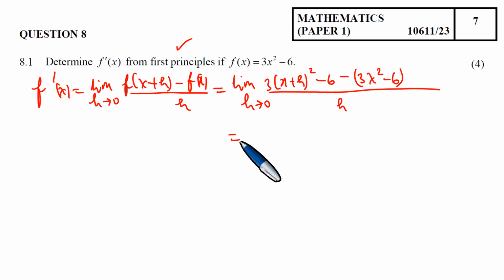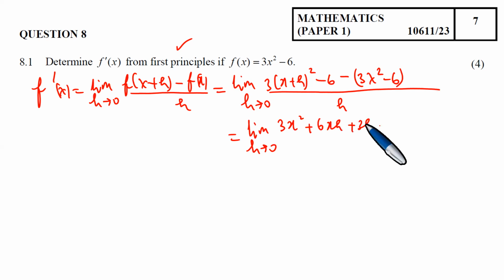Okay, so we continue with the simplification of this here, and this is the limit as h tends to 0. So this becomes 3x squared, we have the x squared term. The next one is 2 times x times h, which is 2xh times 3, it becomes 6xh. You have h squared, which becomes 3h squared, minus 6, minus 3x squared plus 6.